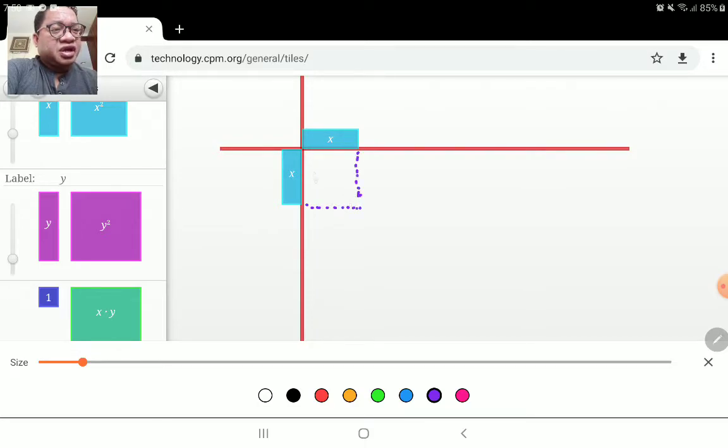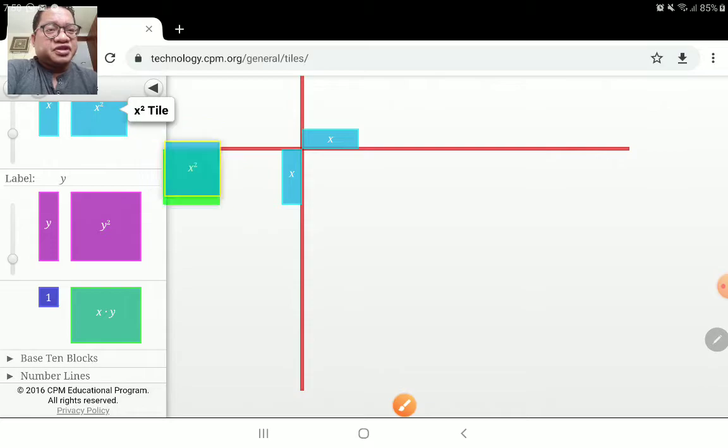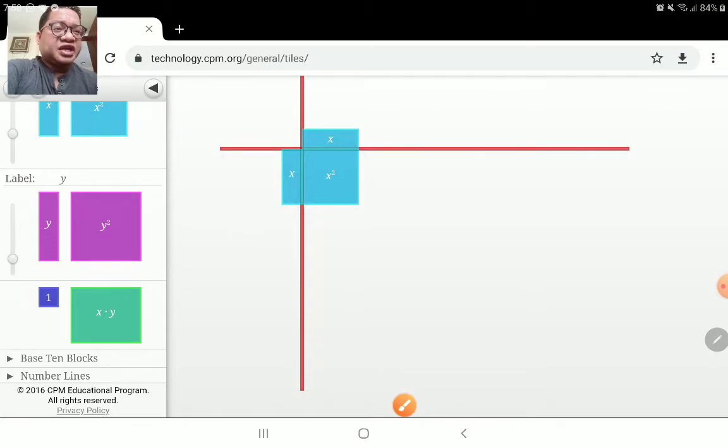And that square, as you can see, has an area of x squared. So how you're going to represent that is with this one. You can take one of these, so that is x squared. That's the meaning of x times x.